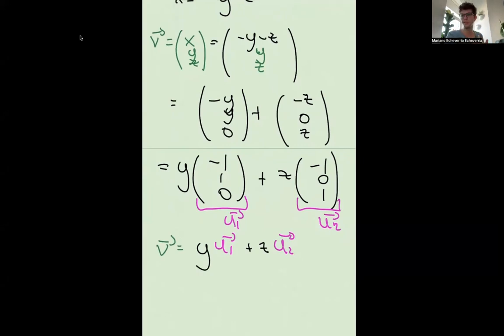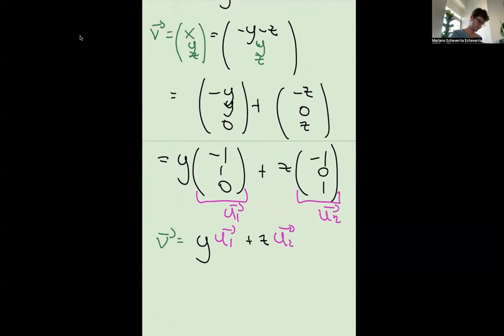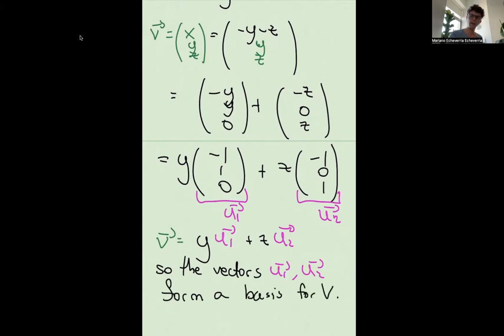So again, these two vectors u1 and u2 would form a basis for V. Is that okay? Are there any questions up to this point?